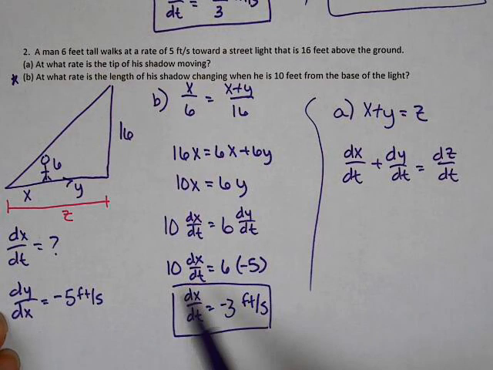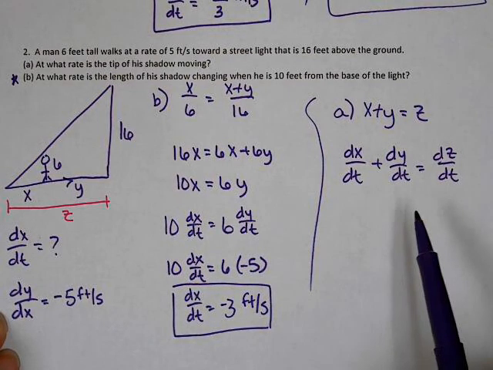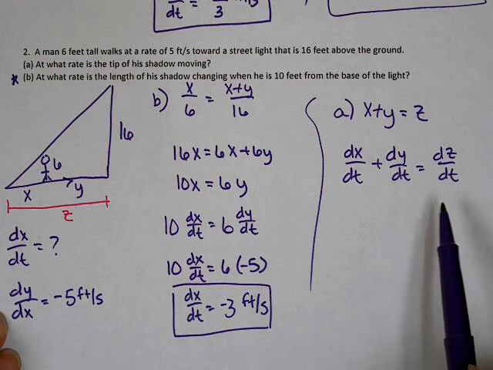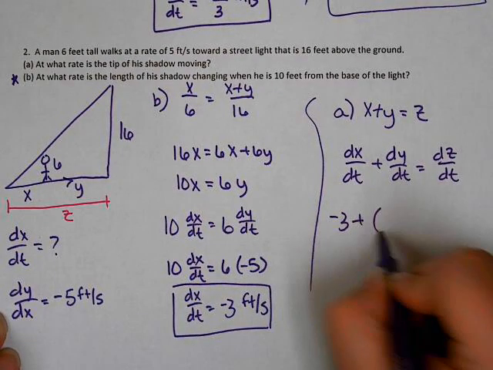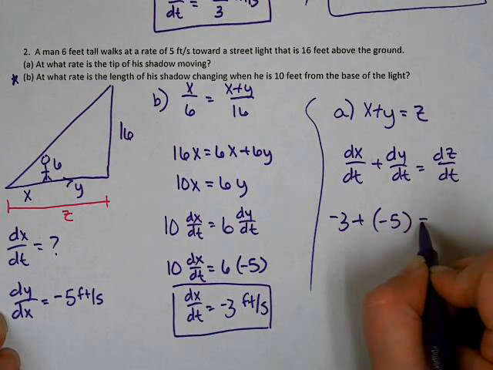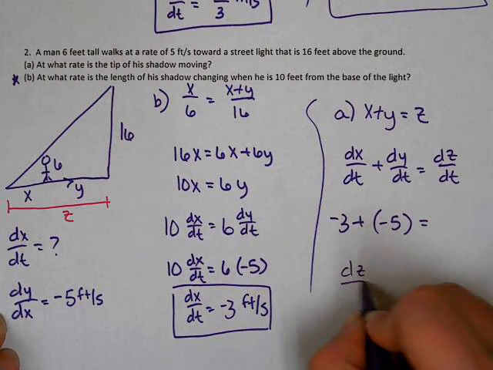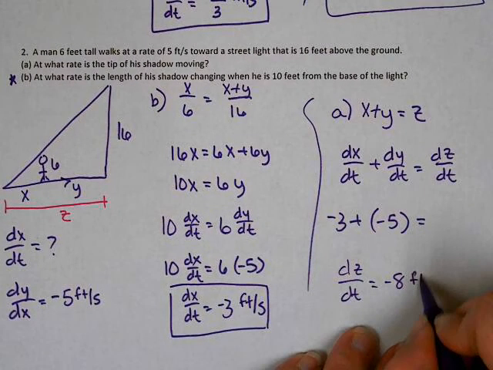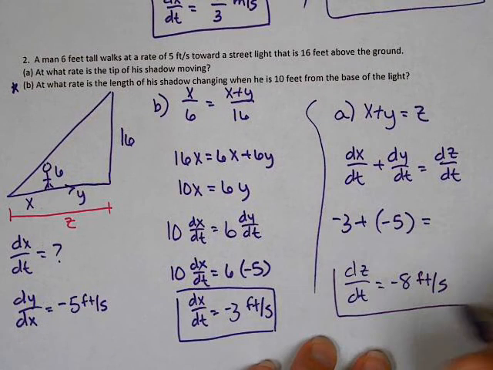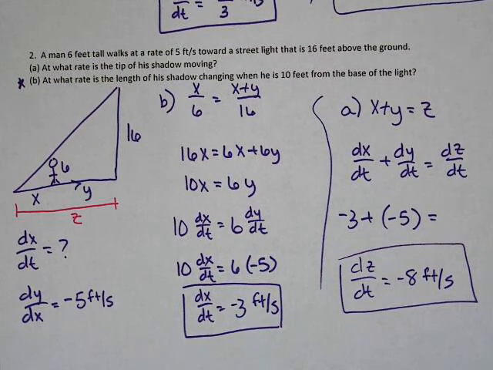We needed dx/dt in order to be able to find dz/dt. So dx/dt is negative 3, dy/dt is negative 5, and so we get that dz/dt is equal to negative 8 feet per second. And that is our final answer there.